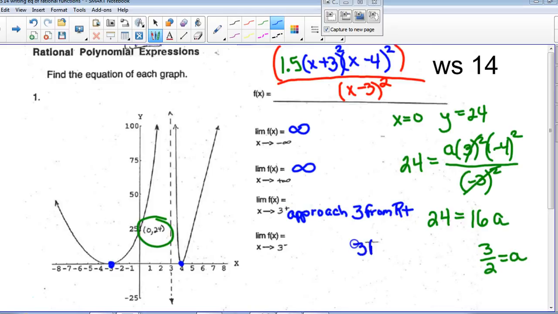This one means 3 from the left. Does it matter for this question whether we're getting close to 3 from this side or close to 3 from this side? Both ends are going up. So they're both approaching infinity.